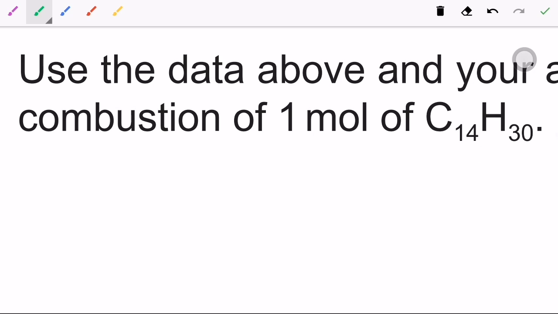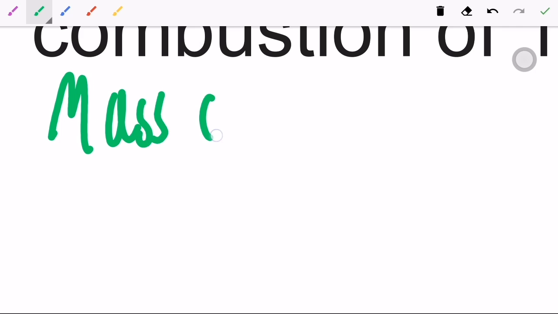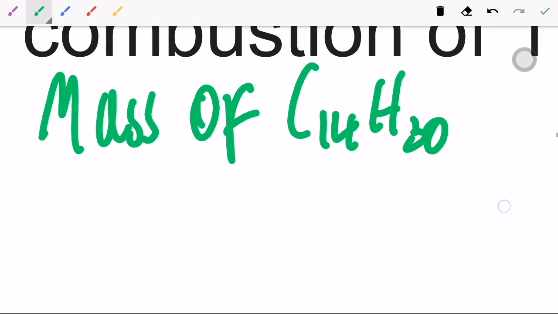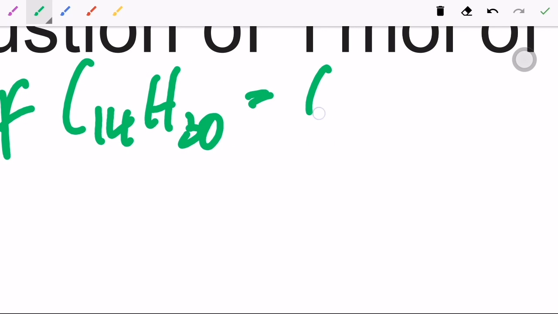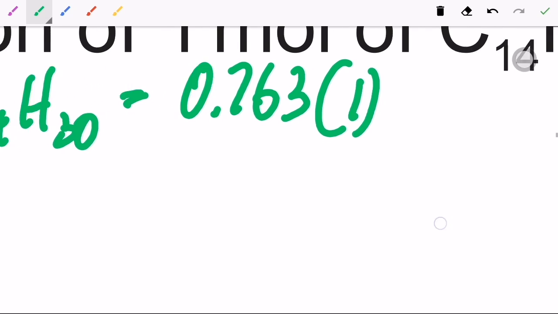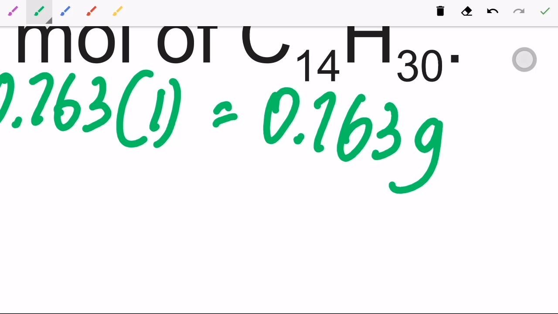Use the data above and your answer to 1 to calculate the energy produced by 1 mole. To calculate the energy produced by 1 mole, first we need to know how many moles you burnt. So mass of C14H30: mass is just density multiplied by volume. Density is 0.763, volume is 1, and this gives you 0.763 grams.